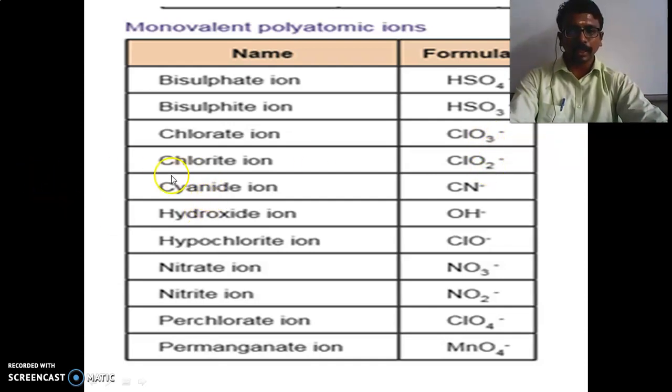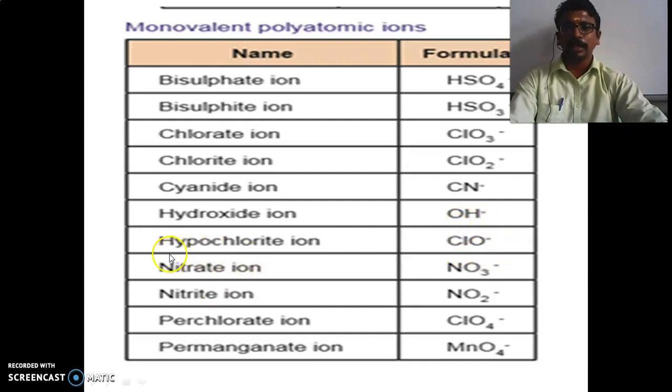Next is cyanide, the formula is CN-. For hydroxide ion, the formula is OH-. And for hypochlorite, the formula is ClO-.